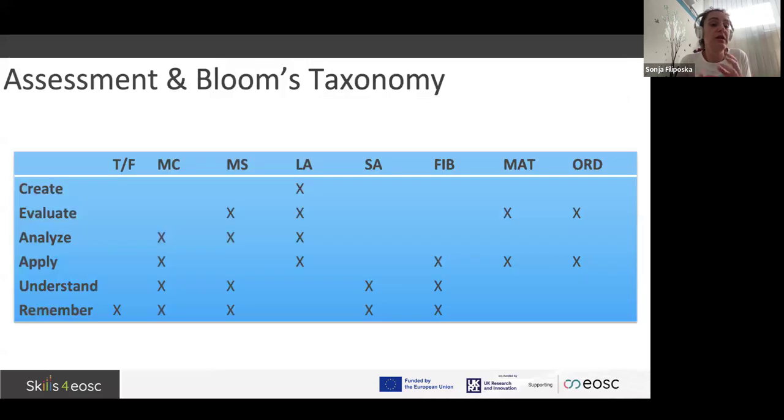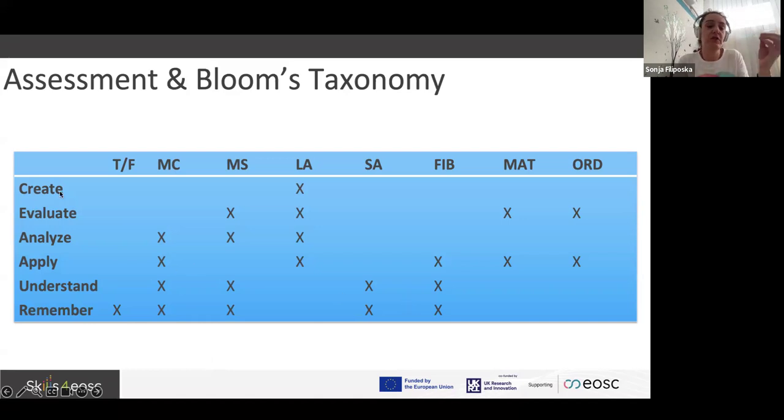And when you're thinking about the assessment, you also need to think about it from the Bloom's taxonomy point of view, because the Bloom's taxonomy and the levels that we did in the beginning tell you, for example, what types of questions are good for the given level. For example, if you are at the level of remember and understand, which were the low levels, then you can do true/false questions or multiple choice or something like that.